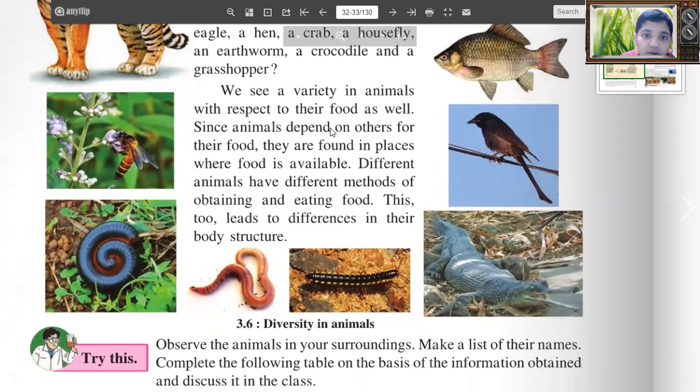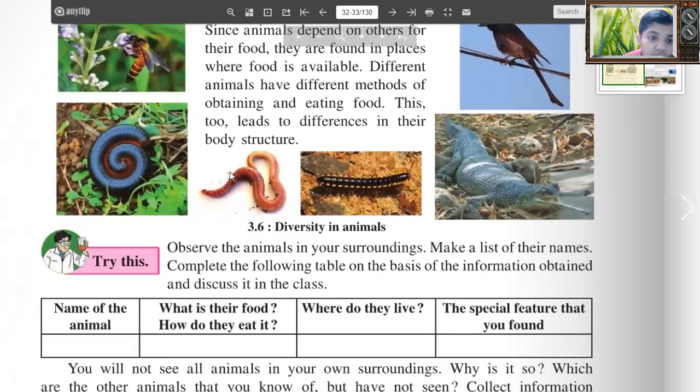Since animals depend on others for their food, they are found in places where the food is available. Different animals have different methods of obtaining and eating food. This too leads to differences in the body structure.